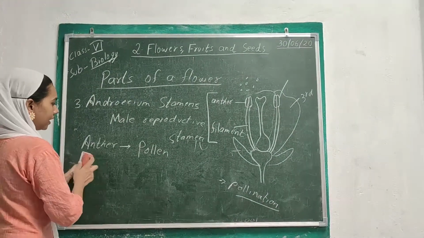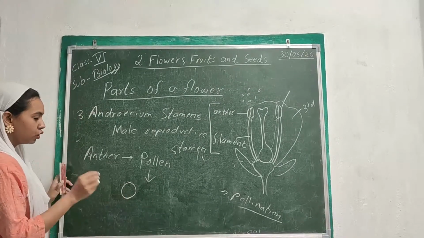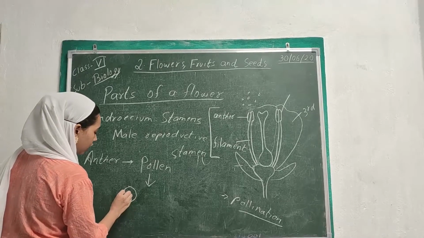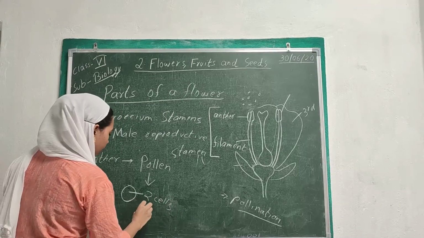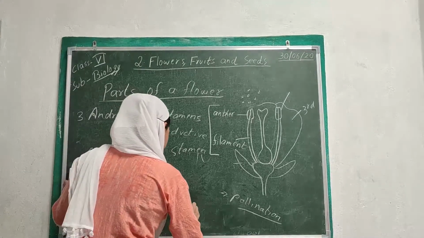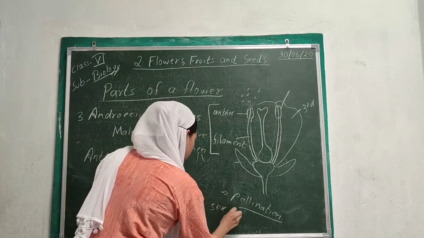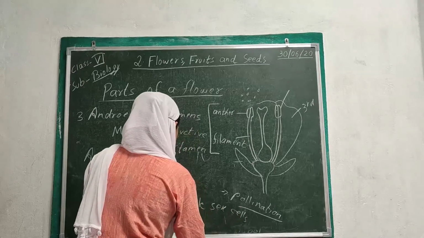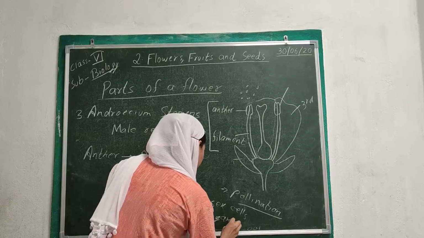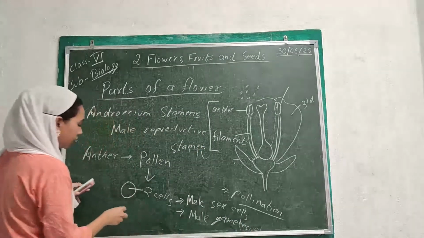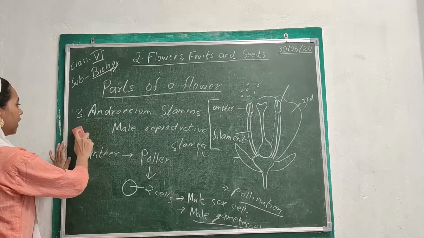And if this is one pollen grain, it has two male cells, which are known as the male sex cells, or also known as the male gametes. Remember, each pollen grain has 2 male gametes. Fine. This was all about the androecium.